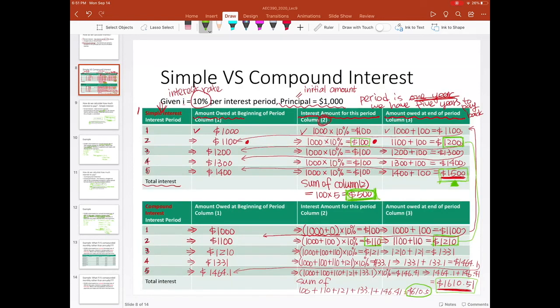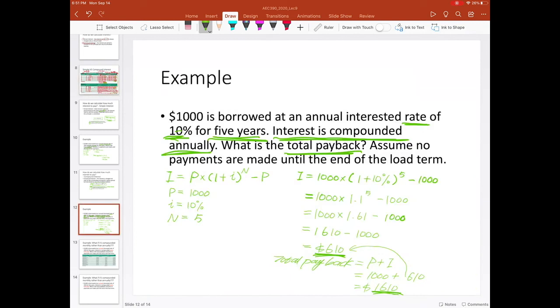See here? That's the total interest, it's 610. And here, the total amount you owe at the end of the 5 years, it's 1,610. So exactly the same. Please ignore the decimals because there is a rounding issue in the calculation due to the power calculation, but it's the same. So using the equation will give you the answer quickly.